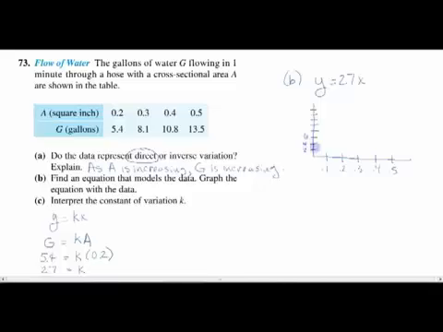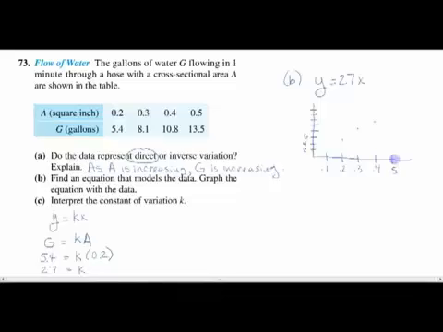So if I have a 0.2, I ended up with a 5.4, it's about right here. And a 0.3, I get an 8.1, so somewhere around in here. And for 0.4, I have a 10.8, so that'd be 6, 8, 10.8. It's almost 11, so it's about right there.